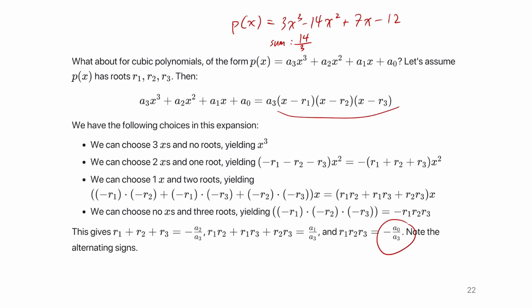Here the first term is negative, then positive, then negative. So for the product of the roots, you'd have to take the negative. But if we looked at degree 4, you wouldn't have to take the negative. So the product of the roots in this case is negative 12 over 3, which is 4.